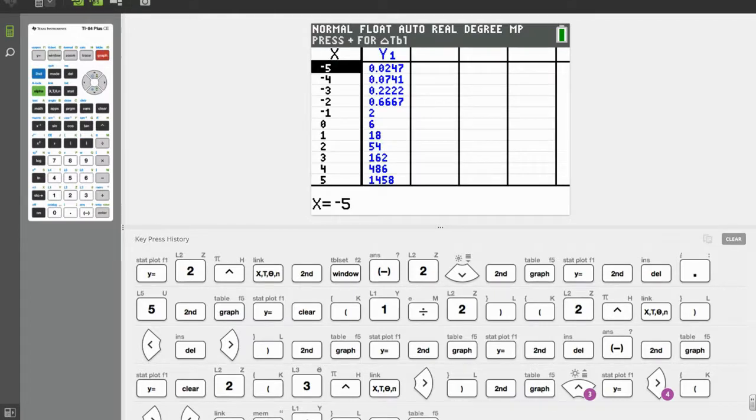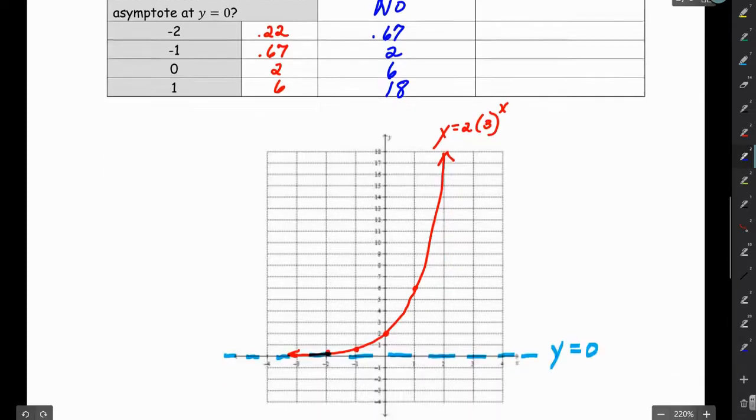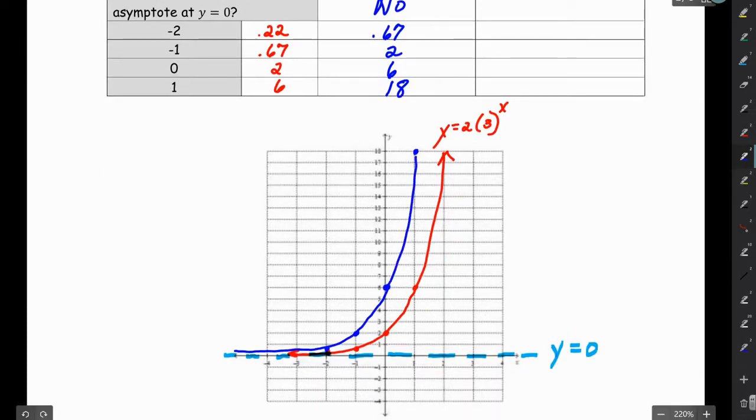We want to look at the values of -2 through 2 again and copy those in. All right, we'll draw that graph. And you can see that from the red graph to the blue graph, we just did move the function over left 1, and the horizontal asymptote remained at y equals 0.